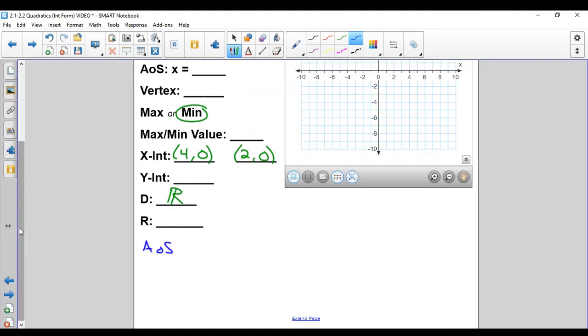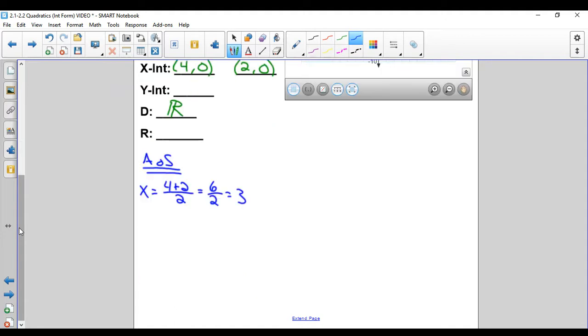Axis of symmetry, which gets us the vertex. P plus Q, 4 plus 2 divided by 2, 6 divided by 2 is 3. There's your axis of symmetry. There's your x value of the vertex. Continue on, find the vertex. So we go y equals (3 minus 4) times (3 minus 2).